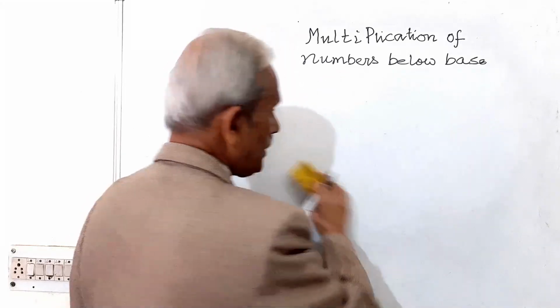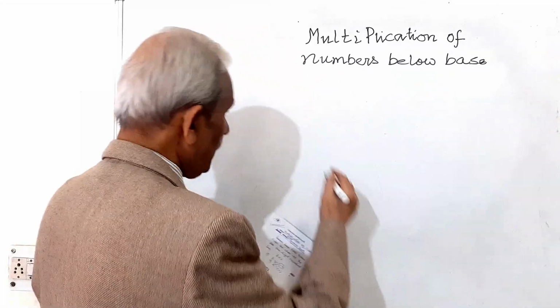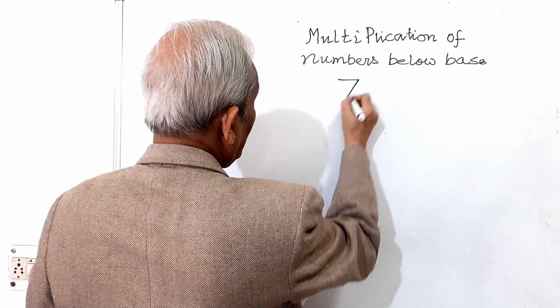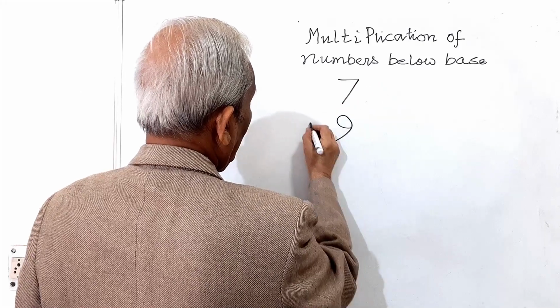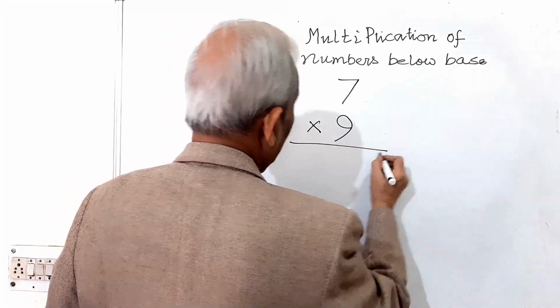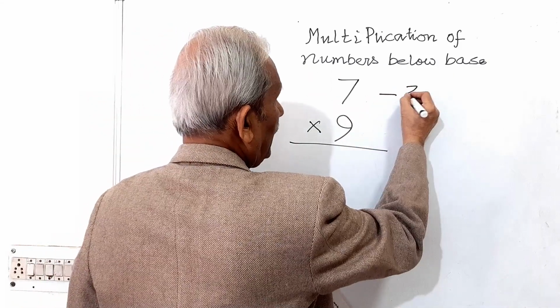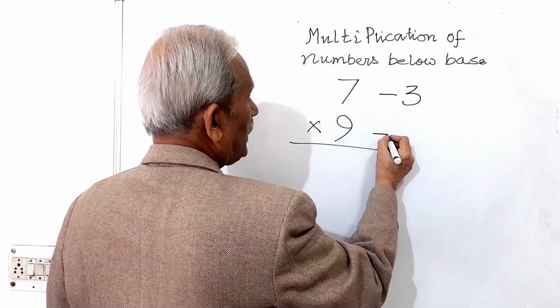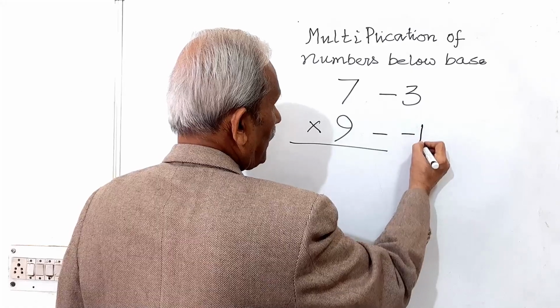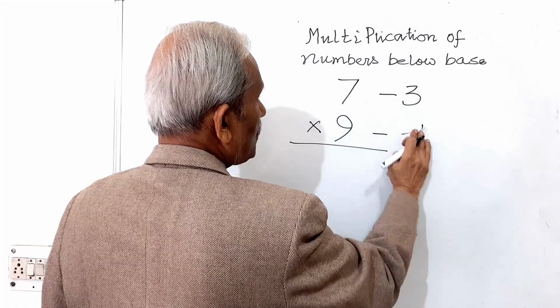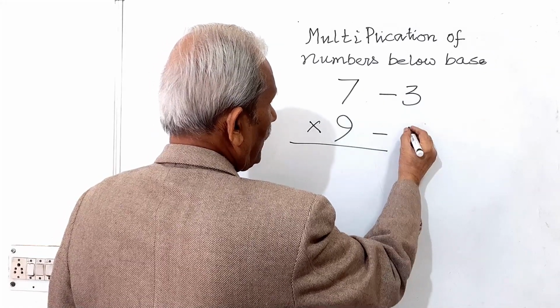Now let us see another question. The similar question, 7 into 9, right? Here, the difference from the common base 10 is minus 3, and the difference from the common base is minus 1 here.